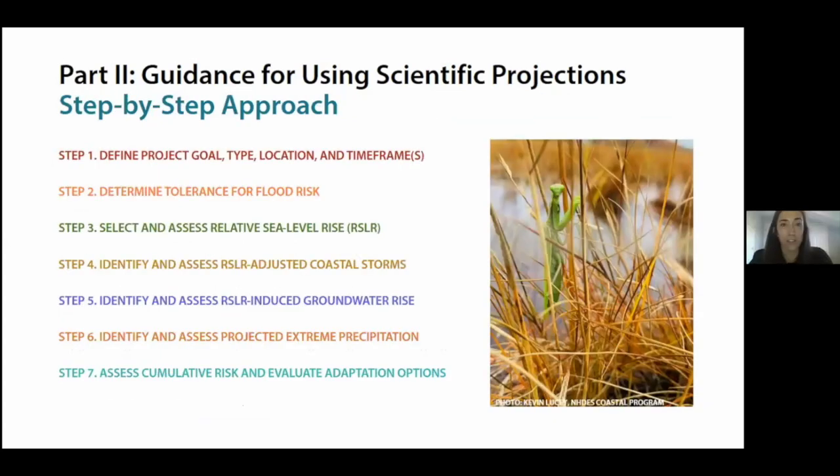So the next section of the guidance lays out what I like to think of as the real meat and potatoes of the guidance, or the step-by-step approach for selecting and incorporating the various coastal flood risk projections into your decisions.